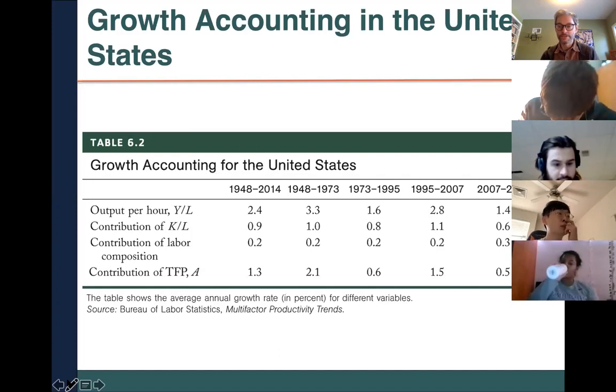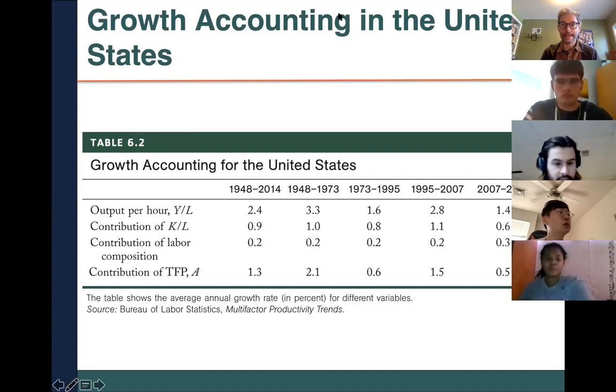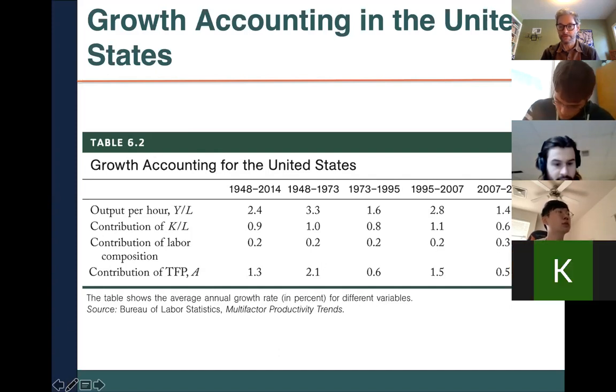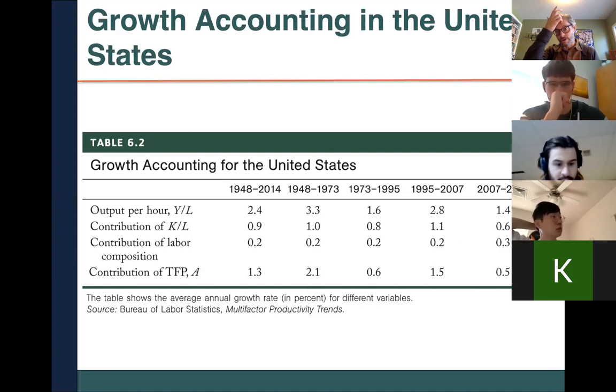Now, there are some other interesting things to be gleaned from this table, particularly if you look at individual periods, right? If you look at the sub-periods, you'll see some interesting stories here. And these are stories that, quite honestly, economists are still trying to understand. First off, let's look at the period 1948 to 1973. This was a period of very, very strong growth in the US. This is basically the early post-war period.